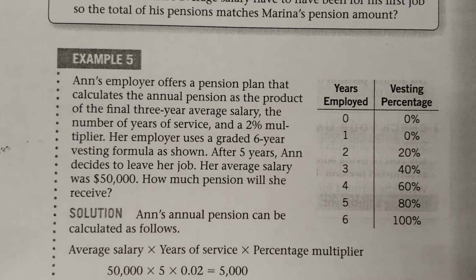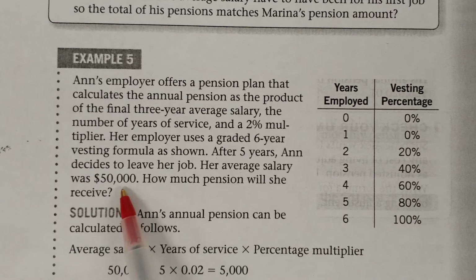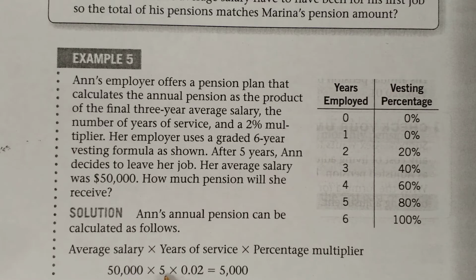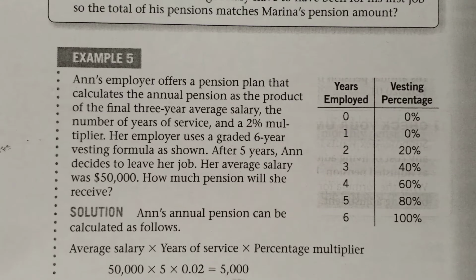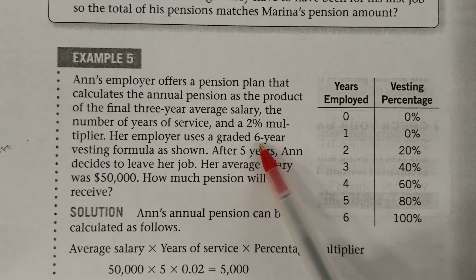So she's been employed for 5 years. Ann's annual pension can be calculated as follows. Her average salary, which was $50,000, times the years of service, 5, times the percentage multiplier, which was 2%, gives you $5,000. But she has to be there for a full 6 years to be fully 100% vested.